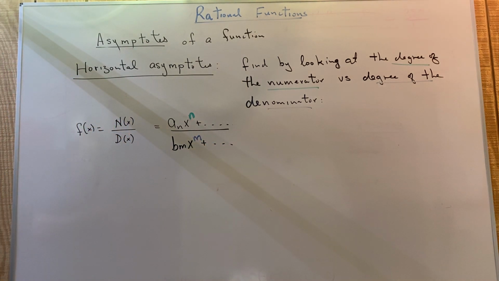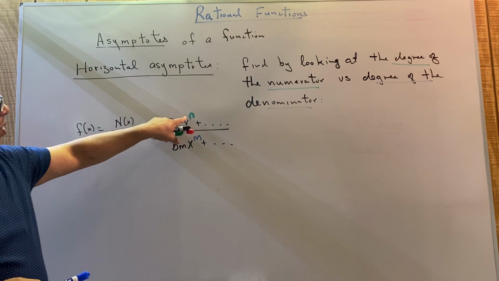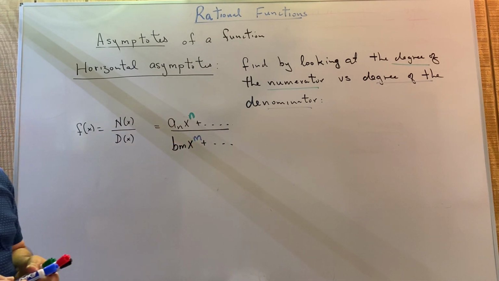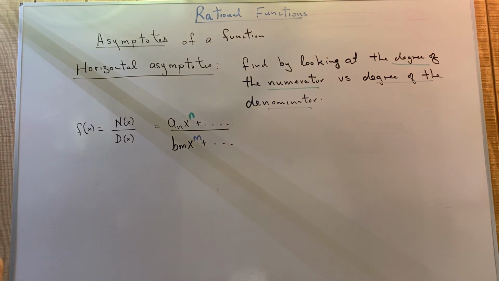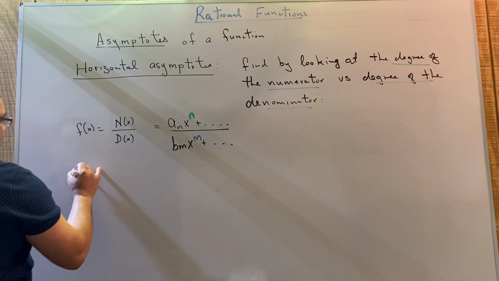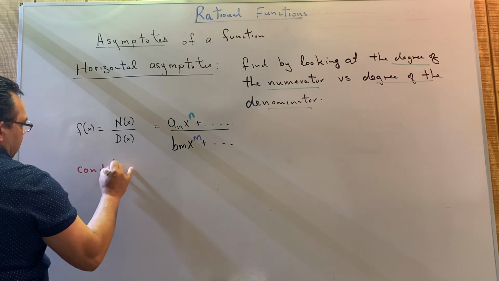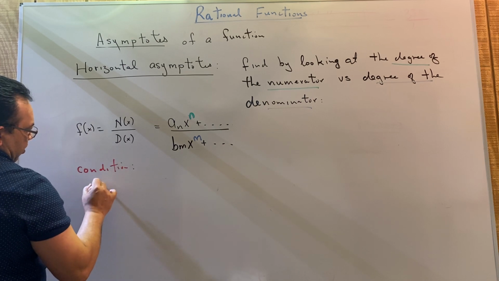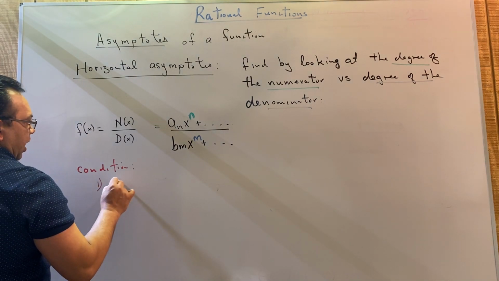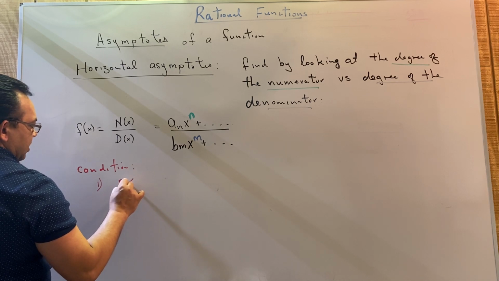Okay, so we're going to compare the highest power in the numerator with that of the highest power of the denominator. And I'll go with the same as we did in the notes. The graph will have a horizontal asymptote, okay? Condition or scenario 1: n could be less than m.